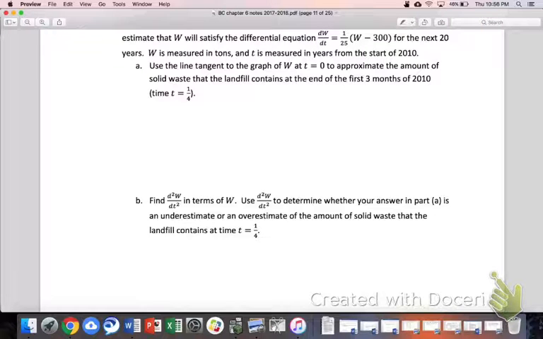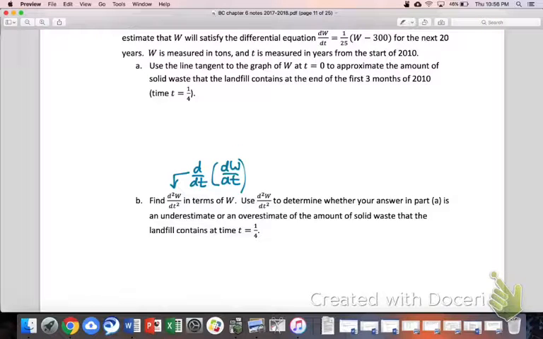This means to do d/dt of dw dt. And it's important that we note that. You might be tempted to do d/dw of dw dt, and that's something you could do, but it's not what this is asking for. So it's really important we understand we're going to be differentiating with respect to time in order to get this second derivative.